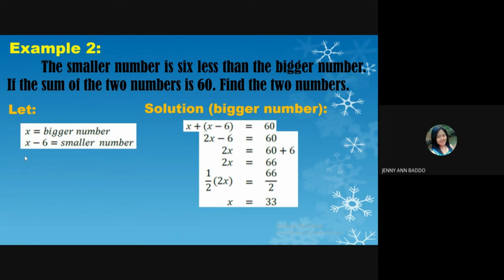Divide both sides by 2, so we have x equals 33. Now, for the smaller number, we have x minus 6. By substitution, that's 33 minus 6, which is equal to 27. So the smaller number is 27 and the larger number is 33.